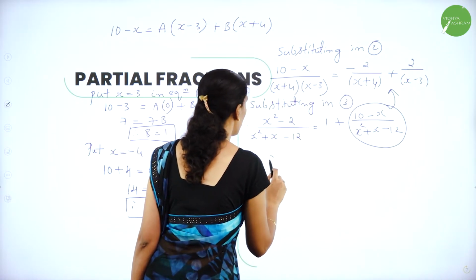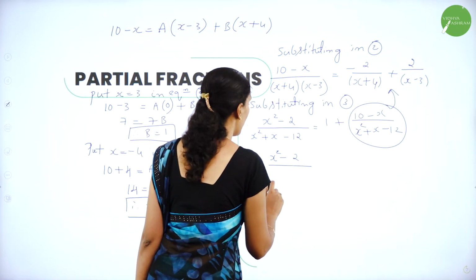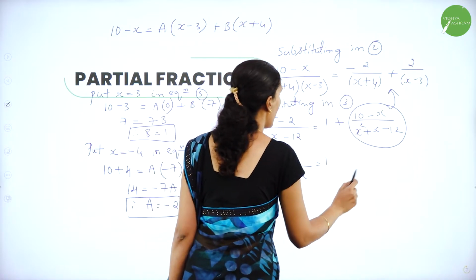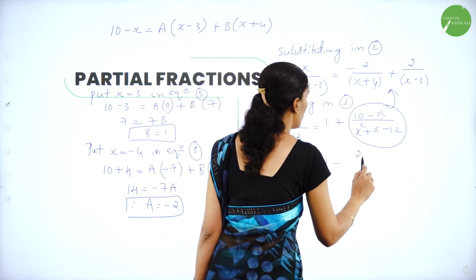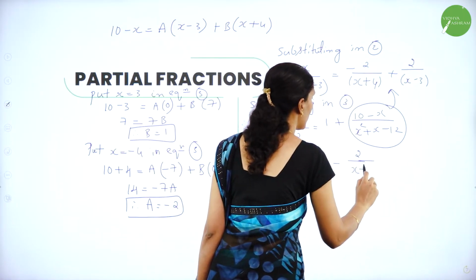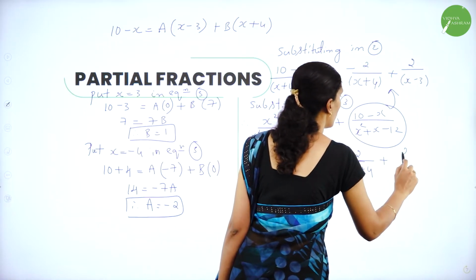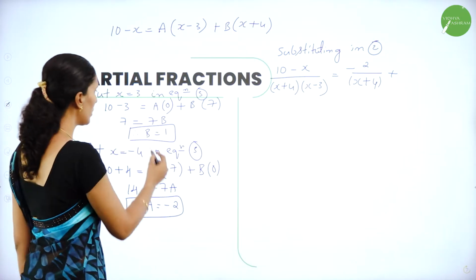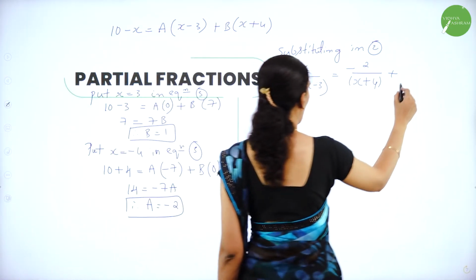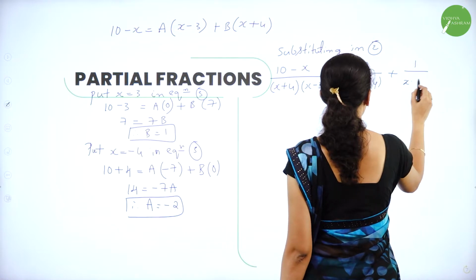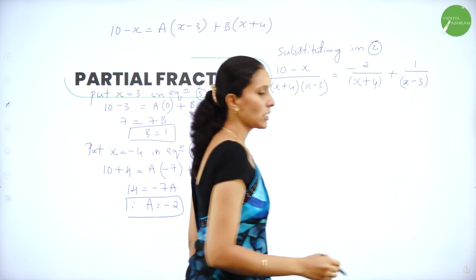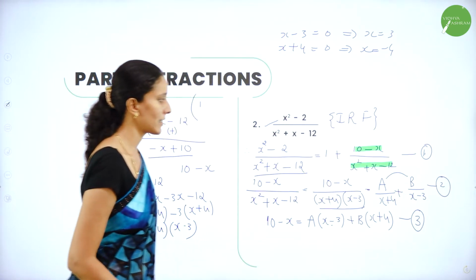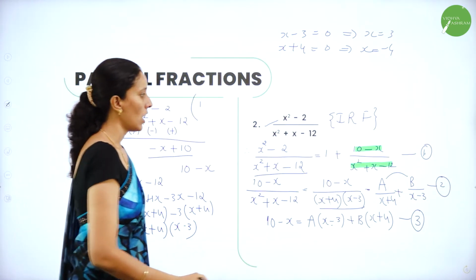Therefore (x square minus 2) by (x square plus x minus 12) is 1 plus minus 2 by x plus 4 plus 2 by x minus 3. So this is the answer. And what is the value of b? We got 1. So it is 1 divided by x minus 3. So this is the solution for the proper fraction here, which is (10 minus x) by (x square plus x minus 12).